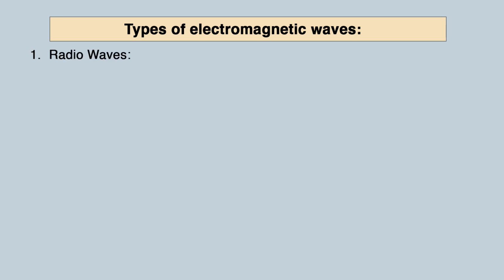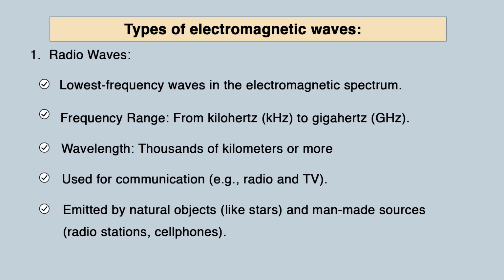First are the radio waves. Lowest frequency waves in the electromagnetic spectrum. Frequency range varies from kilohertz to gigahertz, with wavelengths of thousands of kilometers or more. They are generally used in communication like radio and TV, emitted by natural objects and man-made sources.